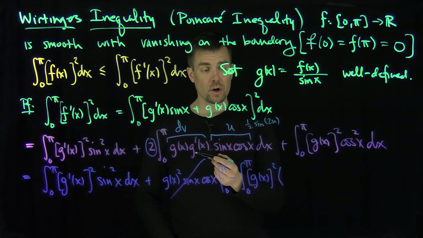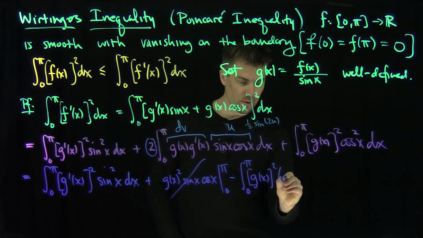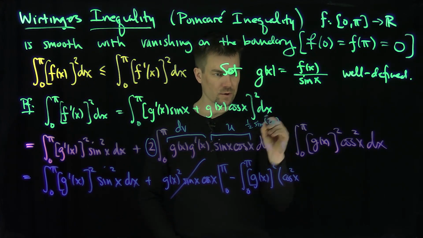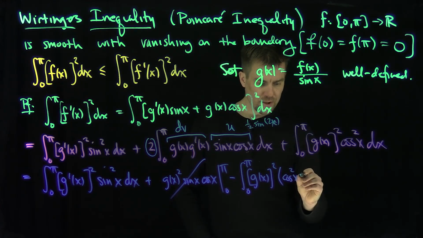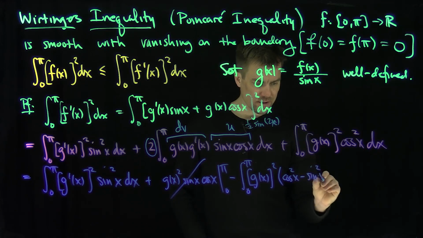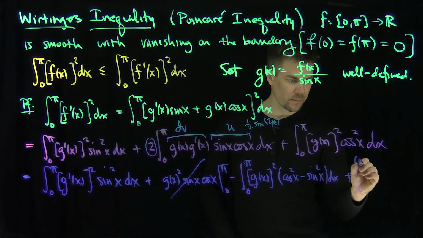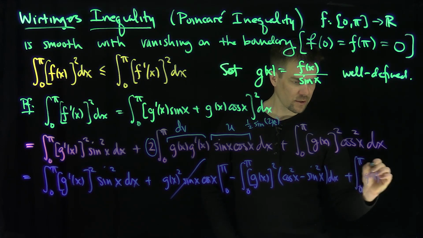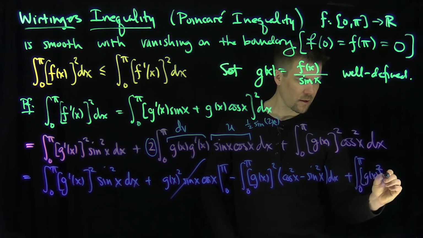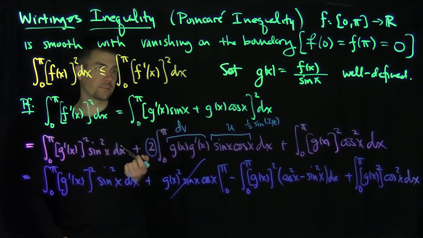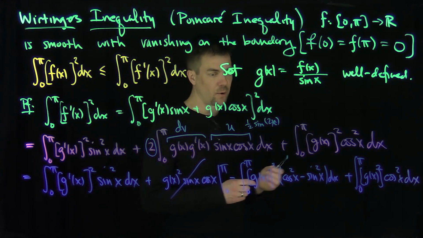So the derivative of this is just going to be cosine of 2x, which is cosine squared of x minus sine squared of x. That's a double angle formula for cosine, dx. And then plus the integral from 0 to pi of g of x quantity squared cosine squared of x dx. Great.